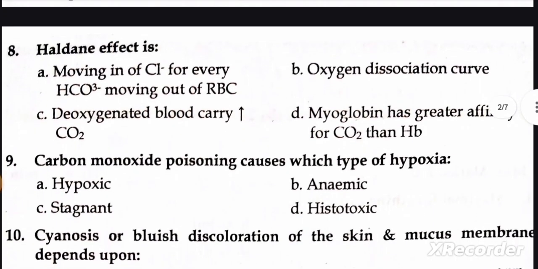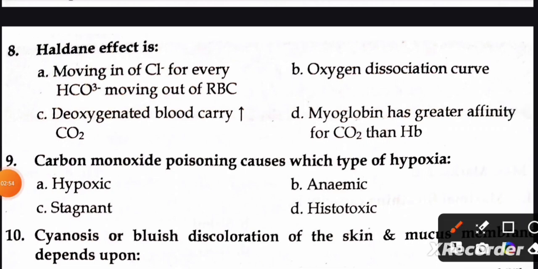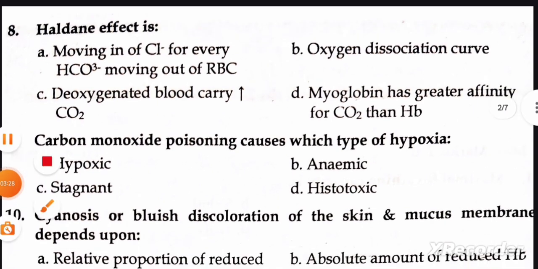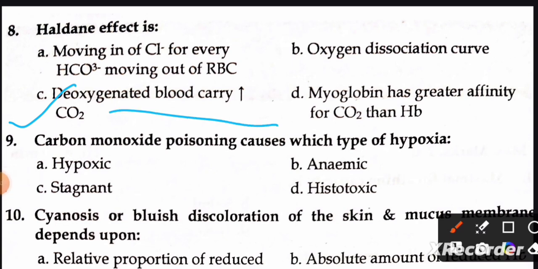Next question is Haldane effect is A moving in of Cl for every HCO3 moving out of RBC, B oxygen dissociation curve, C deoxygenated blood carries increased CO2, D myoglobin has greater affinity for CO2 than Hb. So right option is C, deoxygenated blood carries increased CO2.